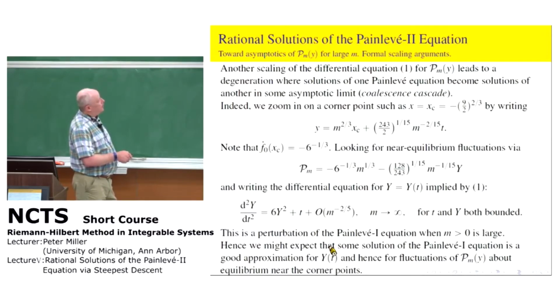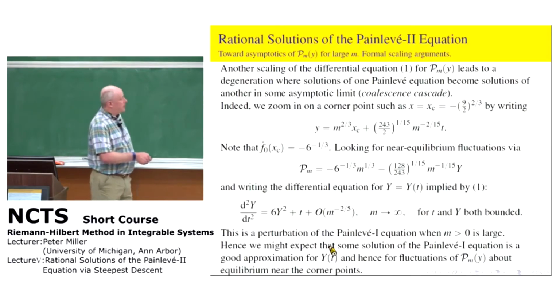So we could look for fluctuations near that value by taking p sub m to be, okay, there was this overall factor m to the 1/3, there's our equilibrium solution, plus some fluctuation, and here the fluctuation should be measured by a size m to the minus 1/15, some constant for convenience, and we'll call the new dependent variable capital Y.